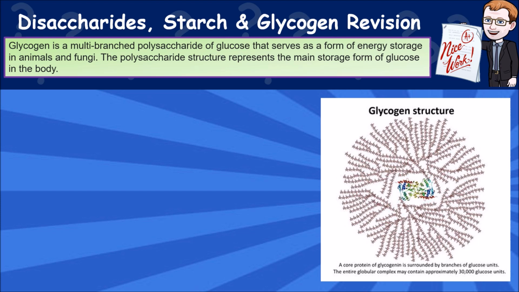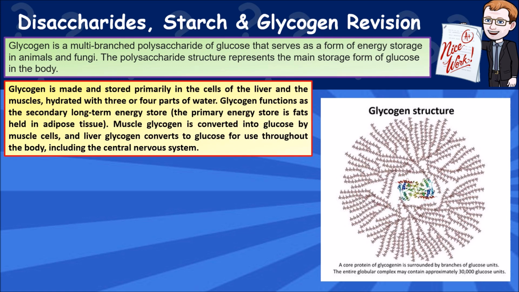Glycogen, however, is a multi-branched polysaccharide of glucose that serves as an energy store in animals. Glycogen is made primarily in cells in the liver and the muscles where we need to store glucose to be used later. So glycogen is functioning as a long-term energy store.